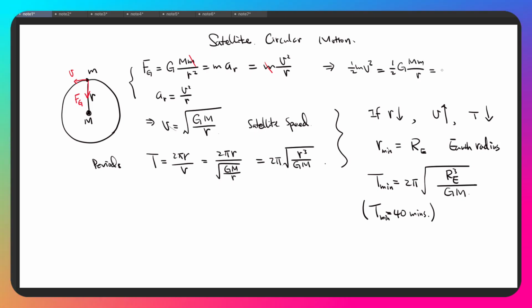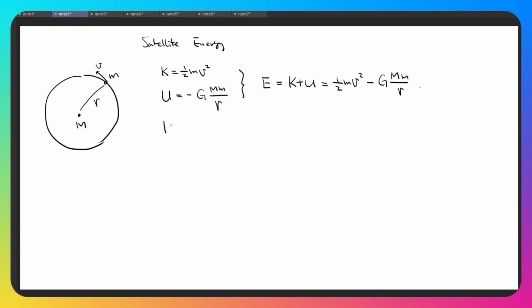And that is negative U over 2, right? So U is negative G M m over r, and we have a negative sign here, make it positive, and then multiply by 1/2. So that's the relation between K and U. K is negative U over 2.